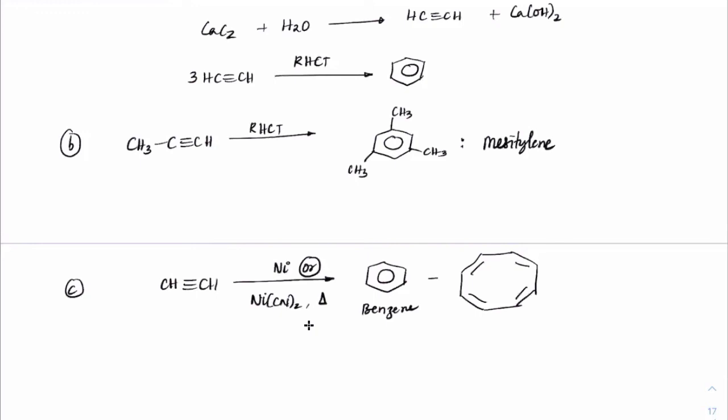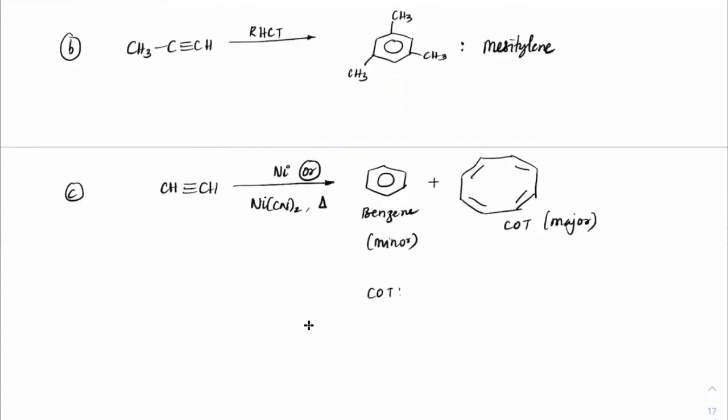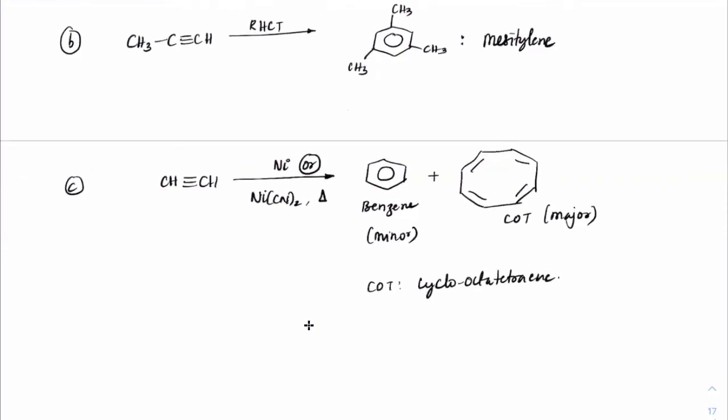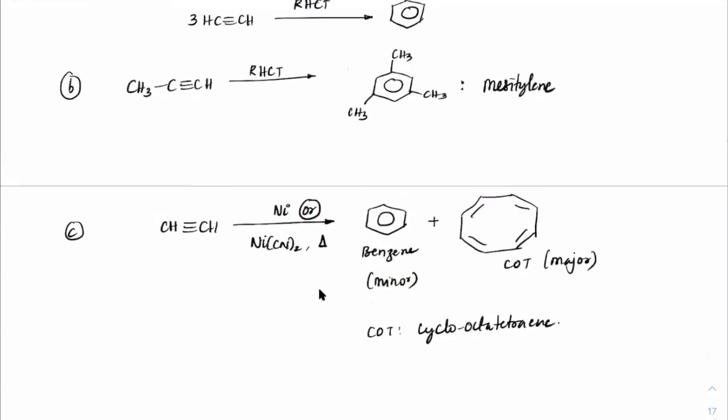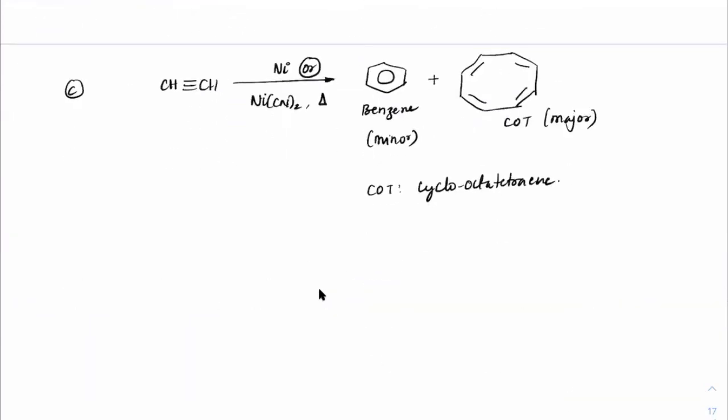So this is the minor product, and this is COT, cyclooctatetraene, which is the major product. Right, so done with the polymerization reactions.